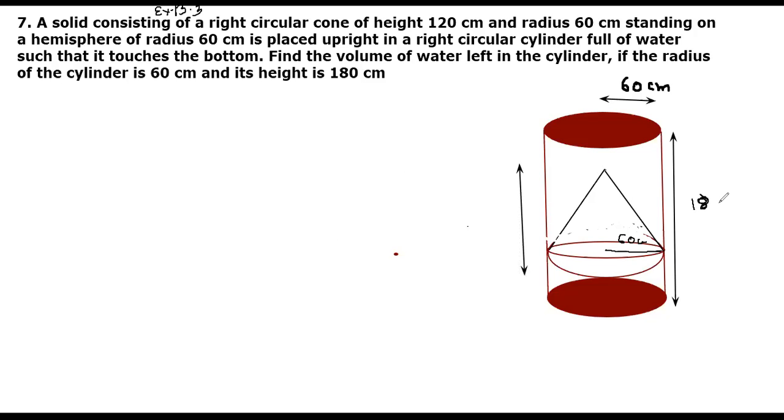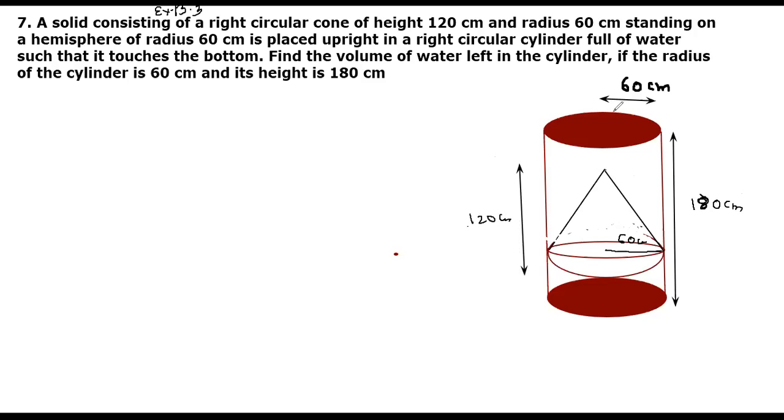This is 180 centimeters, and the total height of the solid is 120 centimeters, and the radius of both is the same. So it is placed inside. Find the volume of water left in the cylinder if the radius of the cylinder is this and this. So how much water is left in the cylinder?